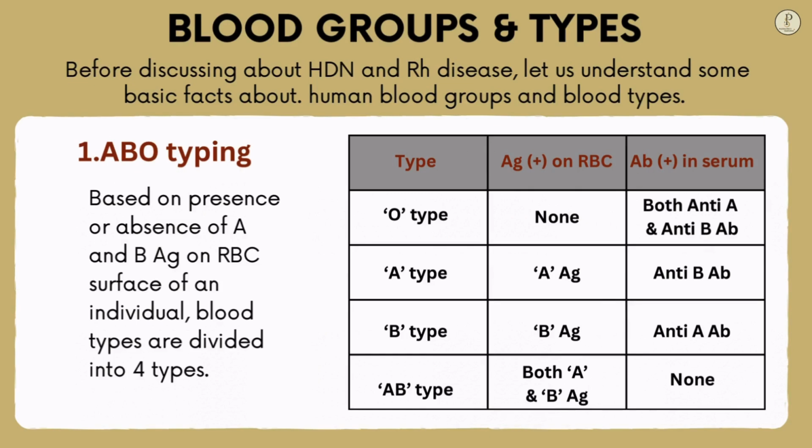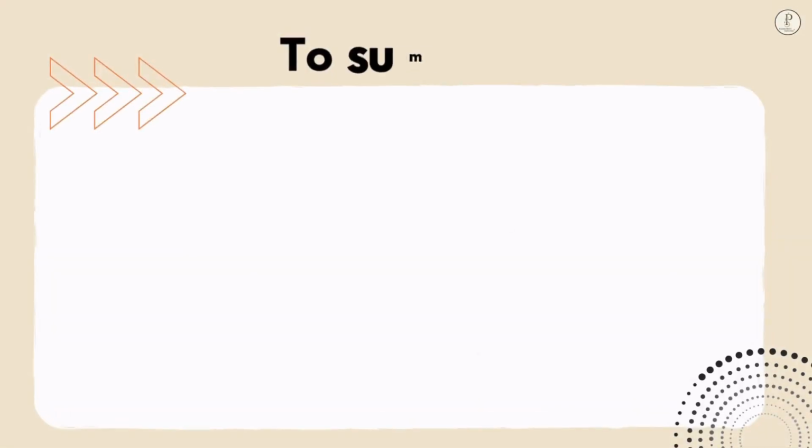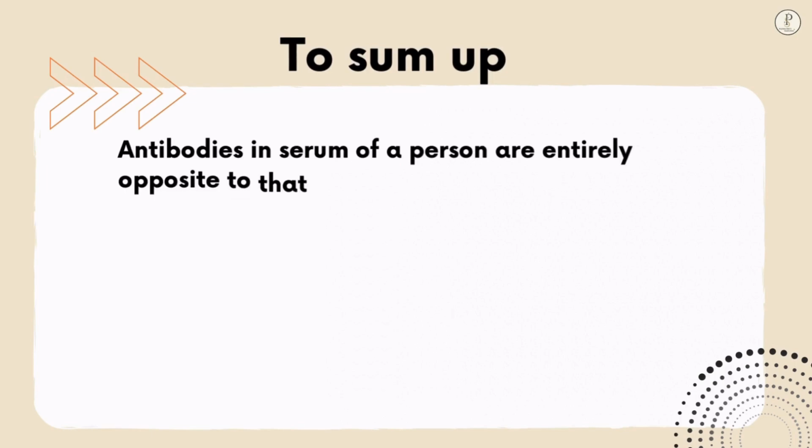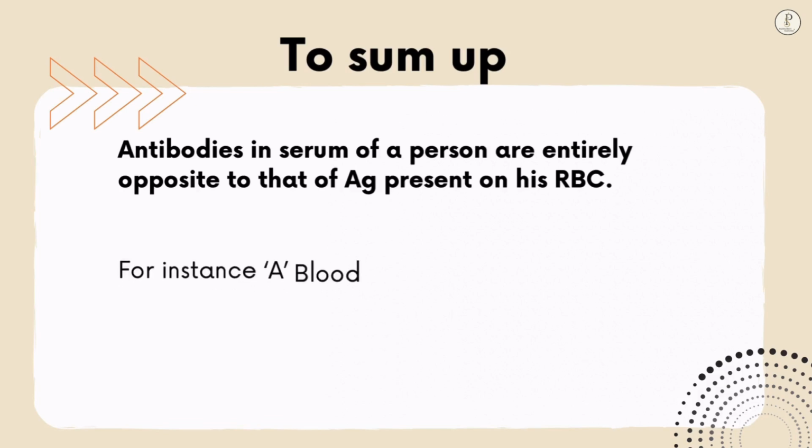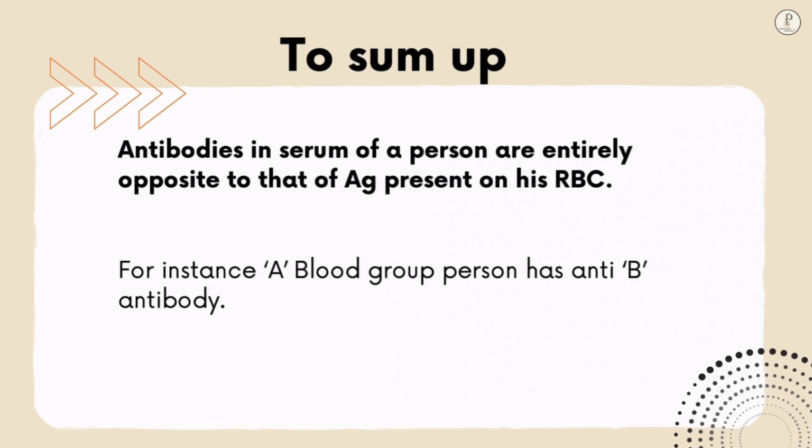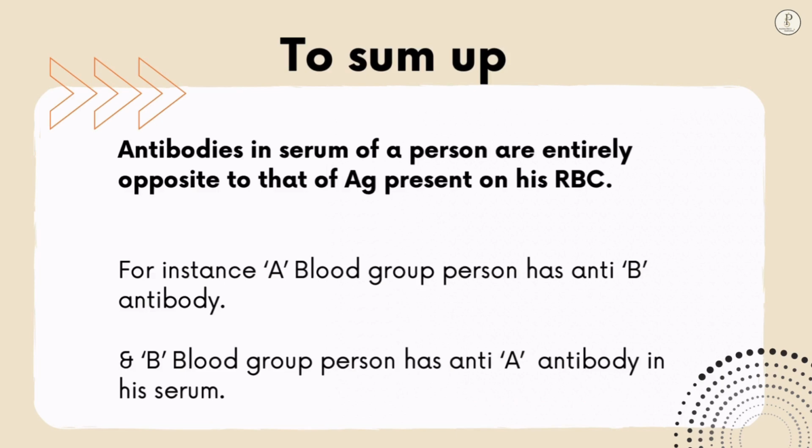Likewise, the antibody present in serum on O type is both anti-A and anti-B antibody, on A type is anti-B antibody, on B type is anti-A antibody, and on AB type it is none. To sum up, the antibodies in the serum of a person are exactly opposite to the antigen present on his RBC. For instance, an A blood group person has anti-B antibody and a B blood group person has anti-A antibody in his serum.